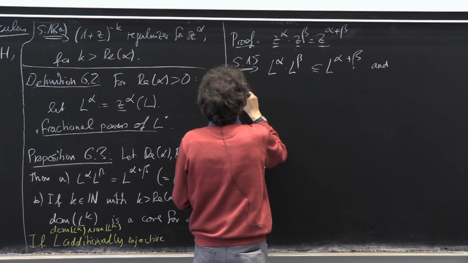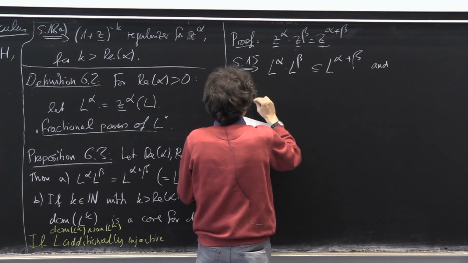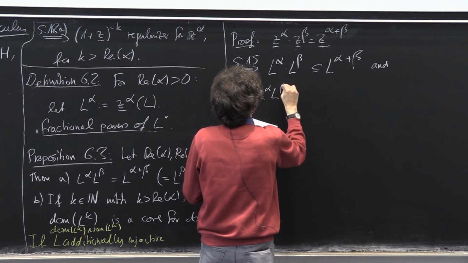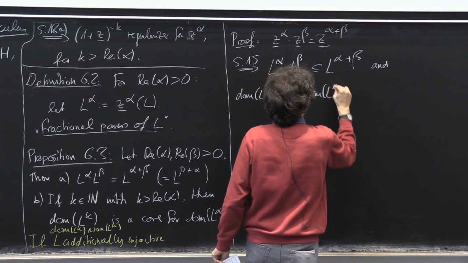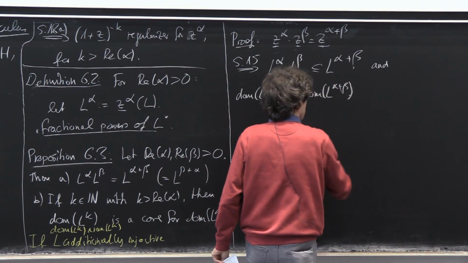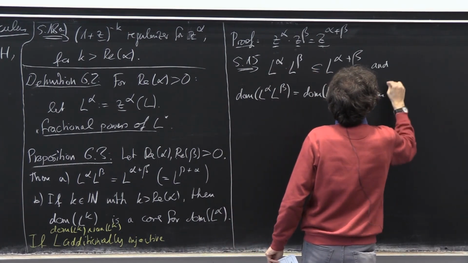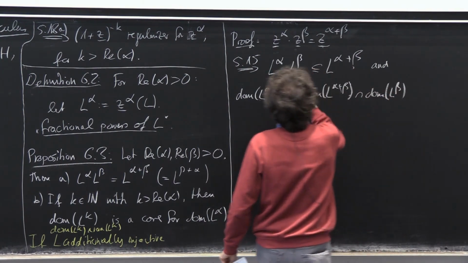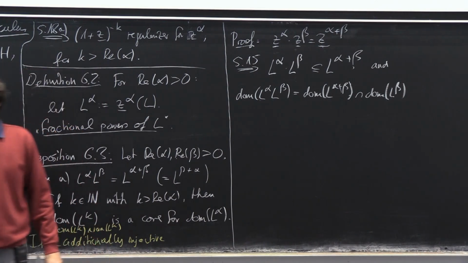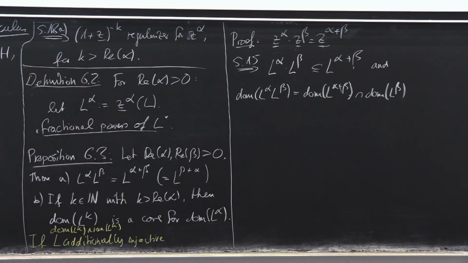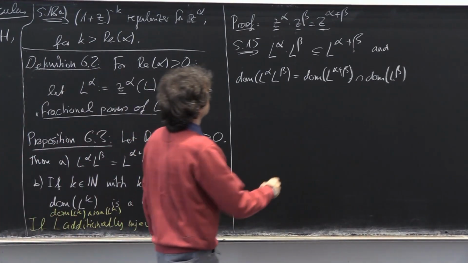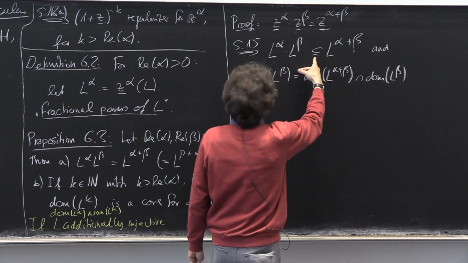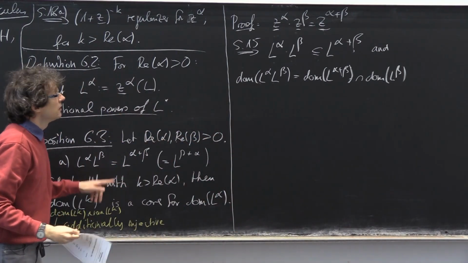So what is the point that makes it not only an inclusion? So this domain is given as the domain of the operator on the right hand side intersected with the domain of the second factor of the operators. So this was 5.15. And so what does that mean? That does mean we already have one inclusion. We need the other one.